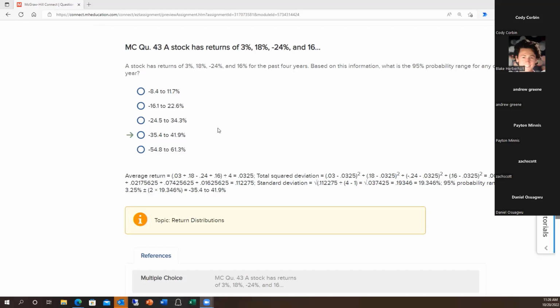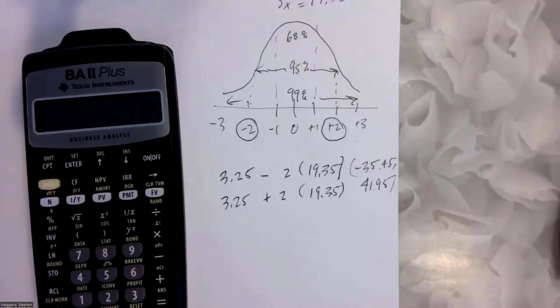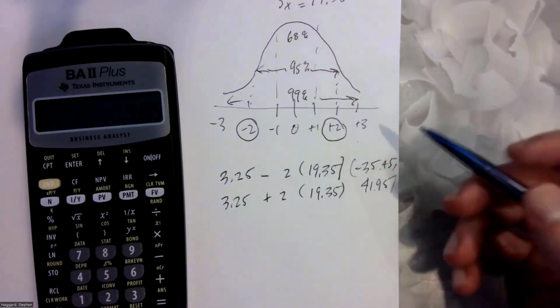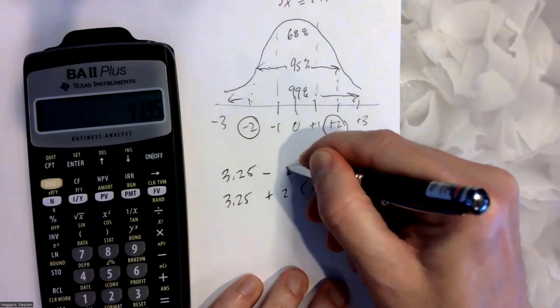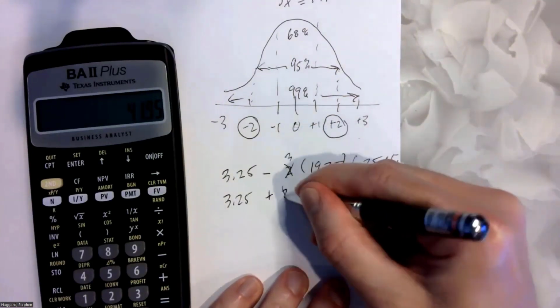So to clarify, if the question had asked for the 99% probability, or if we had found that the standard deviation was 3 away from the normal, instead of multiplying by 2, would we have multiplied by 3? Yes. If they had asked instead for the 99%, you would have just exchanged this out for the 3.